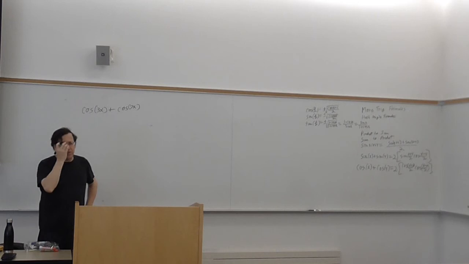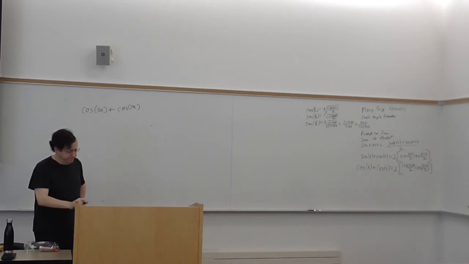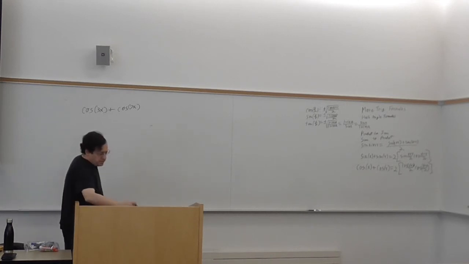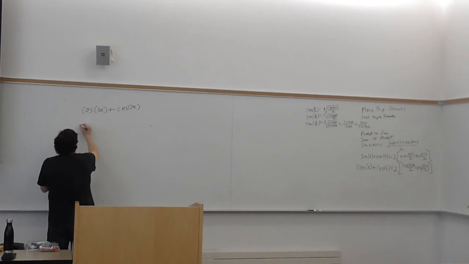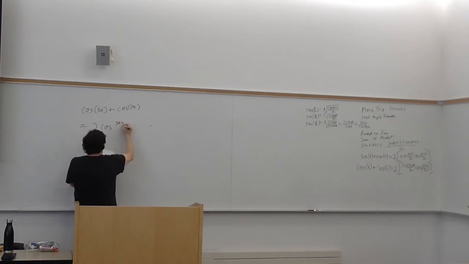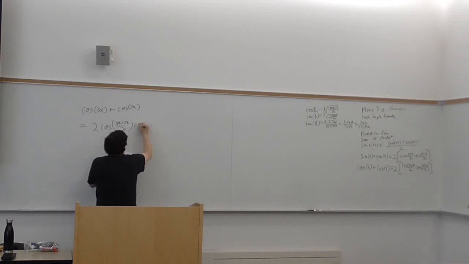And I want to express this as a product. So how could I do that? Well, my formula tells me that this will equal 2 times the cosine of 3x plus 7x over 2 times the cosine of 3x minus 7x over 2.